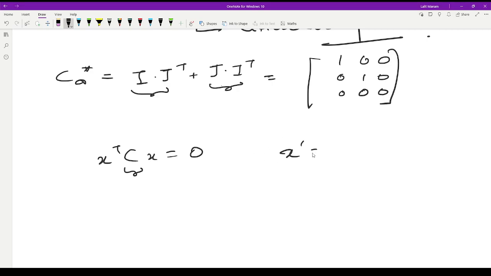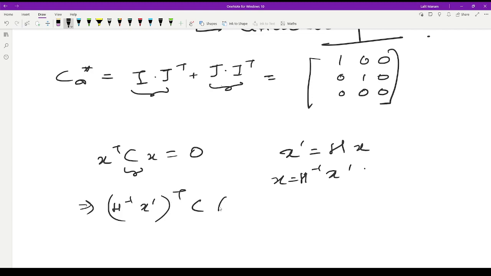If I say x dash equals Hx, and H is invertible, so x will be H inverse x dash, right? If we place it here, we get H inverse x dash, transpose, C, H inverse x dash.